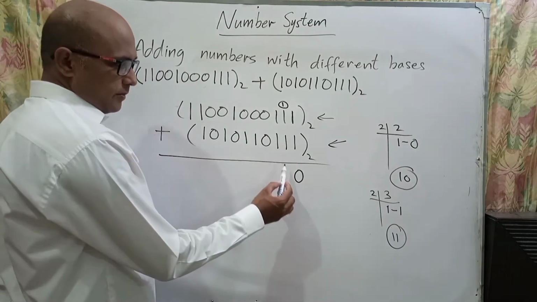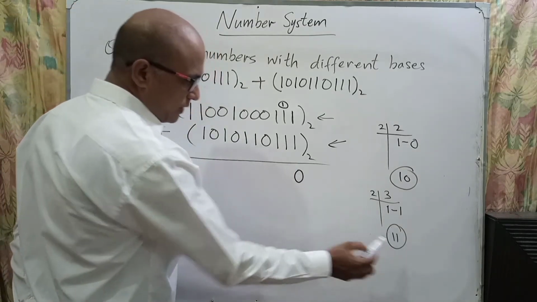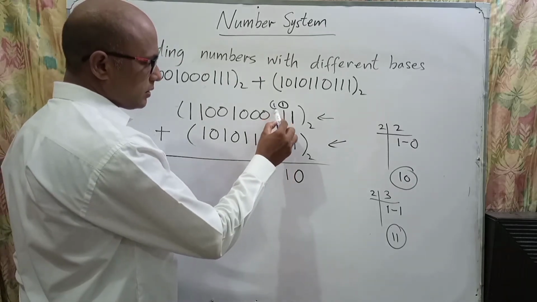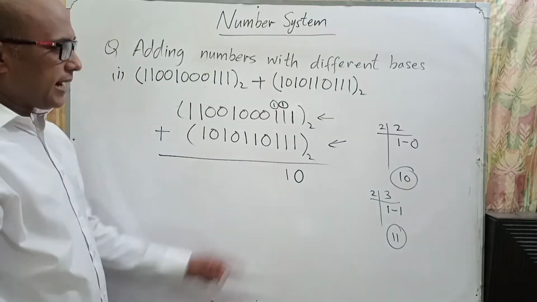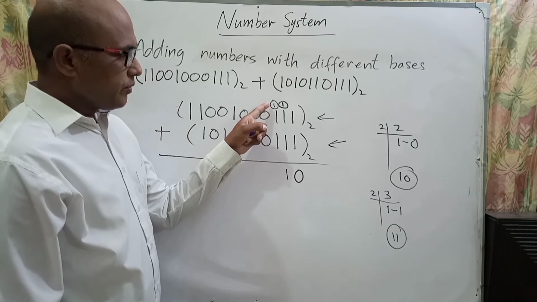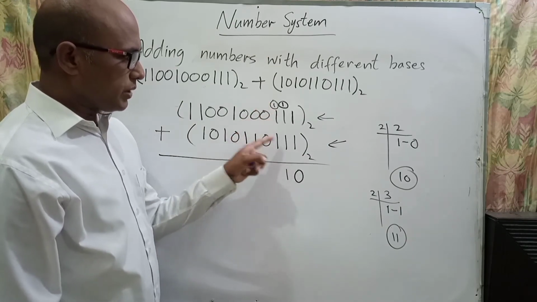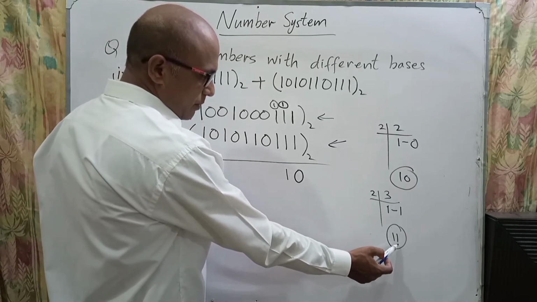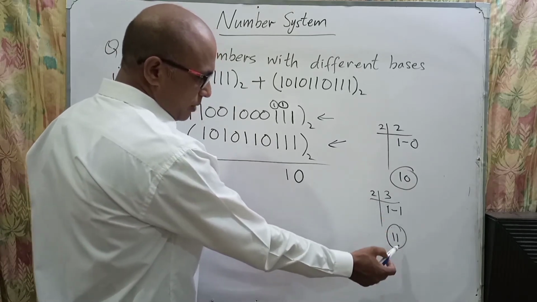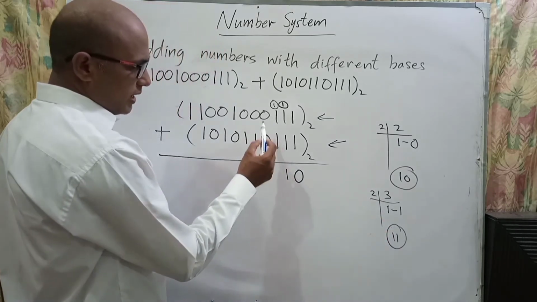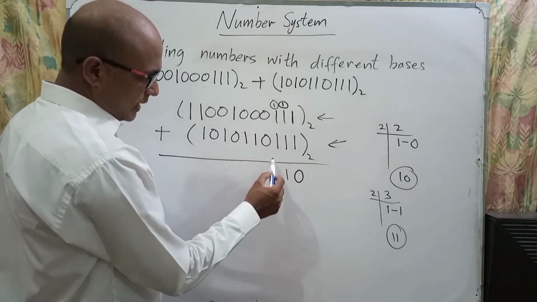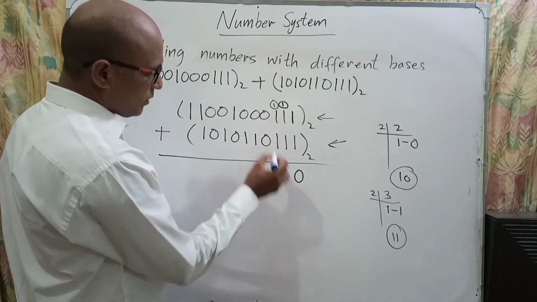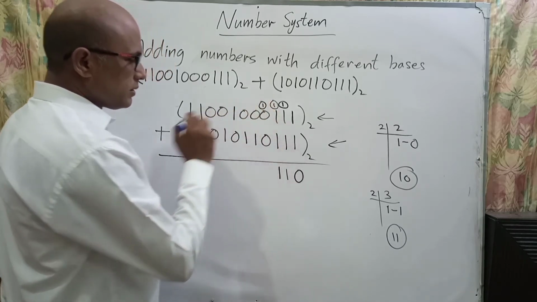We'll write the 1 of this 11 and 1 will be carried over. Again adding the numbers with the carryover: 1, 2, 3. We'll get 3. Again we'll get the base number 11. We'll write 1 under the next number and 1 will be carried over.